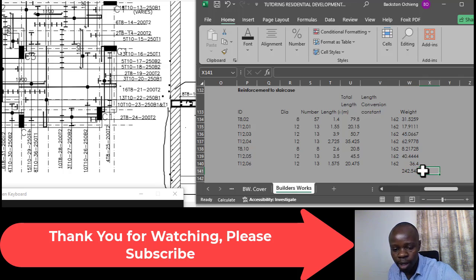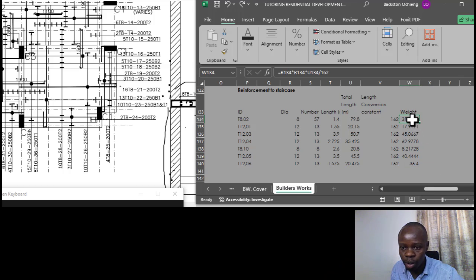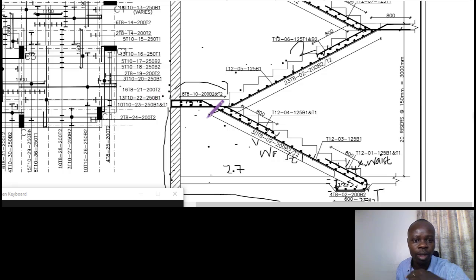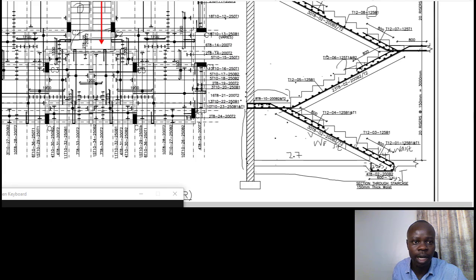And then actually, because we are going to assort them based on the sizes of the reinforcement, not based on the element, we now need to multiply by the number of floors that they appear. So how many floors are here?